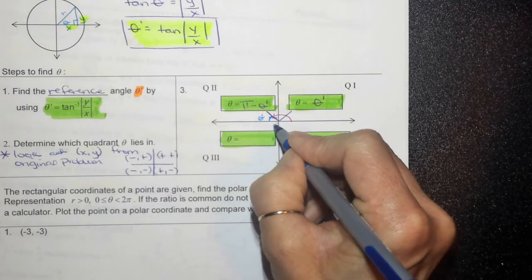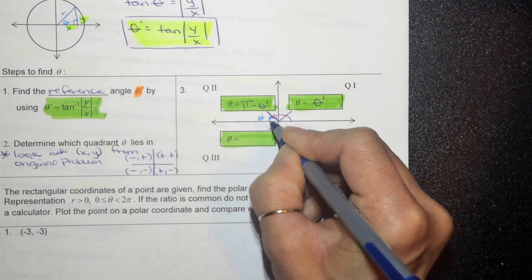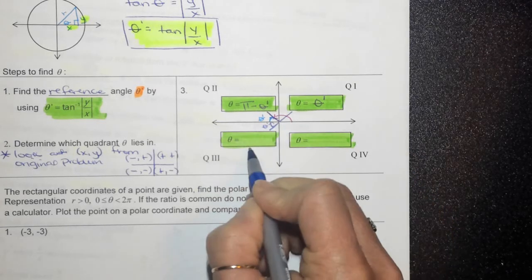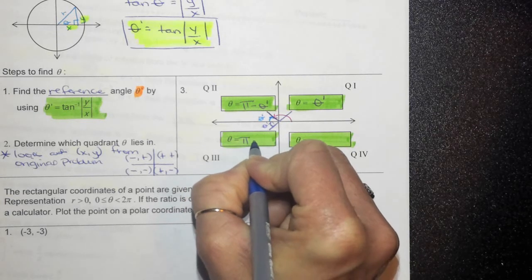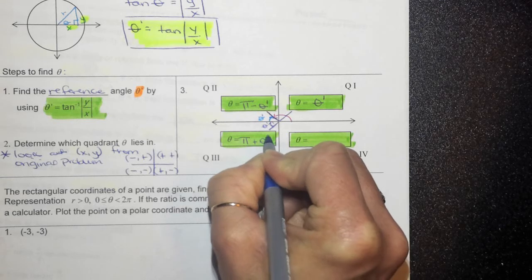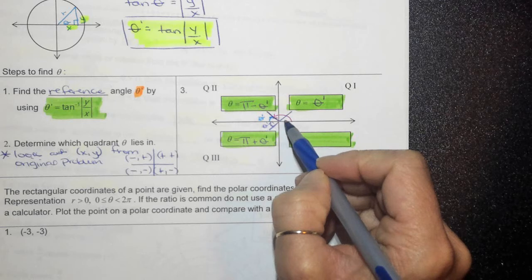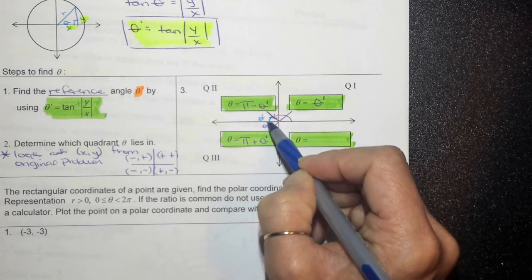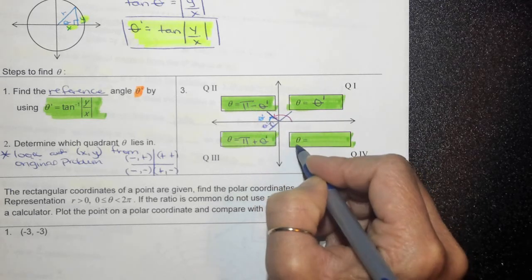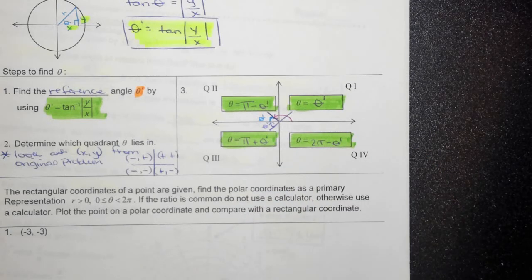So again, if our theta prime, which is right here, is in the third quadrant, then this will be pi plus theta prime, because remember, we're looking for this whole thing. So if this is theta prime, to get from here all the way to here, this is 180, which is pi, and we just add on that theta prime. And then the last would be 2 pi minus theta prime. Okay, so this all comes from what we've done before.